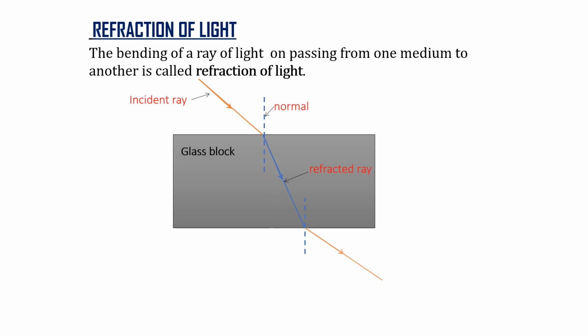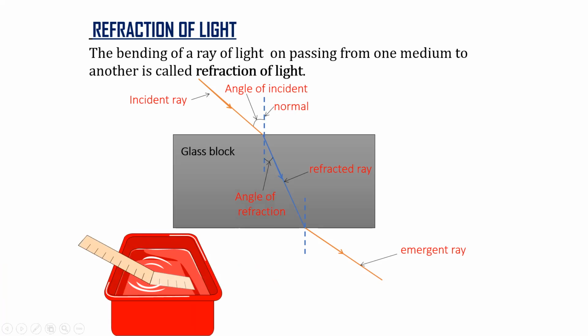And if we draw another normal, when the light moves from glass to air, it bends away from the normal as the speed of the light increases. So this property of light, or property of a wave, to change speed when traveling from one medium to another is known as refraction.